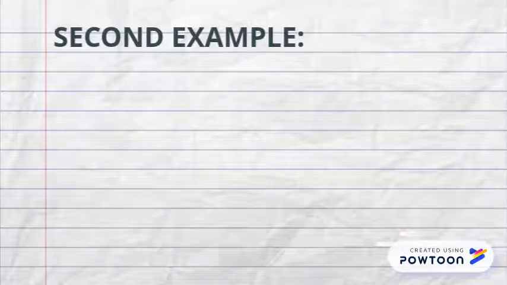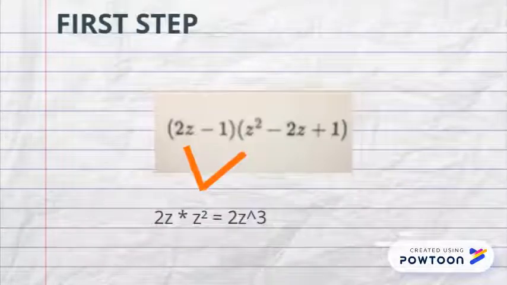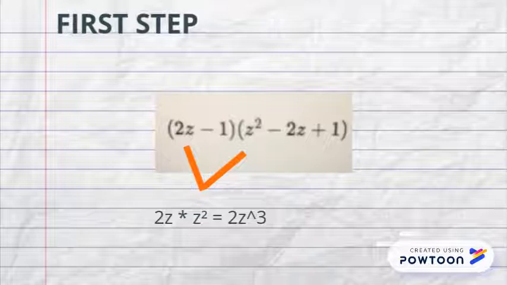Now for our second example, we have 2z minus 1 times z squared minus 2z plus 1. To solve this problem, we do exactly what we did in the first problem, and we multiply the first term times all of the terms in the second parentheses. 2z times z squared gives us an answer of 2z to the third power.